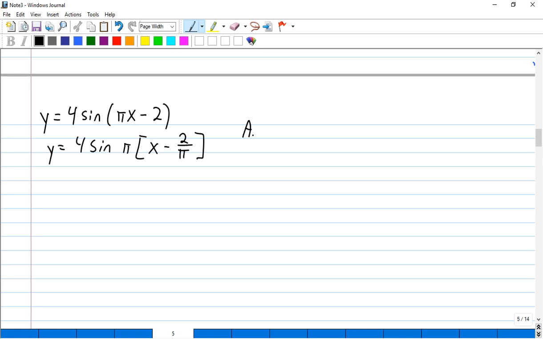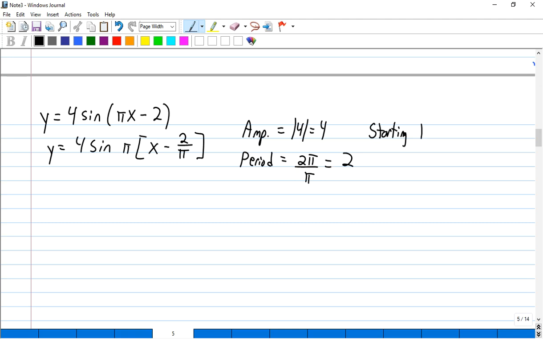Every step's going to be the same. Let's write the amplitude. It's going to be 4. Let's write the period. It's going to be 2 pi divided by pi. So it's going to be 2. So 2 units. Let's write the starting point. Sometimes I write the word starting point. Sometimes I write the word phase shift.